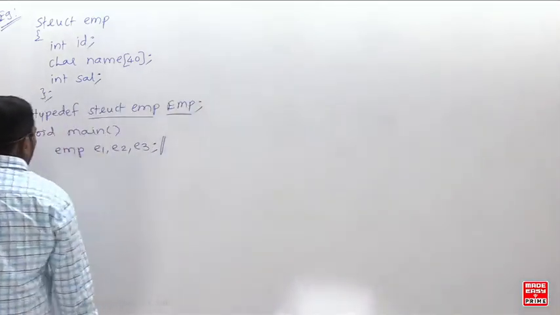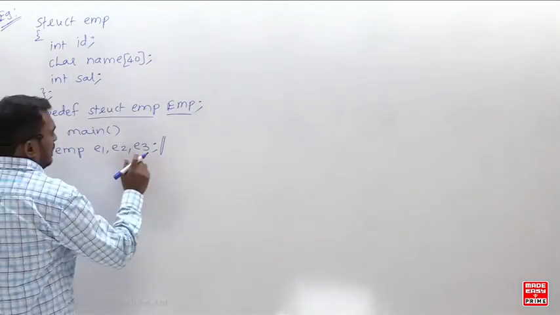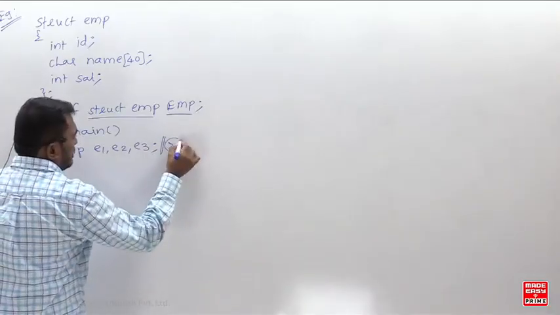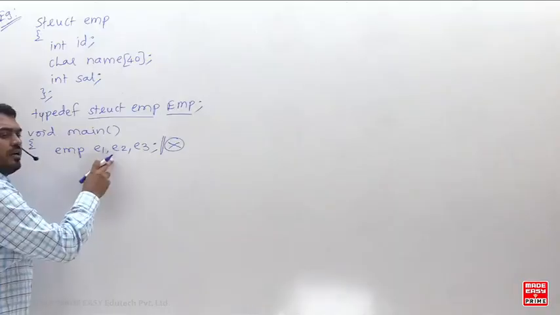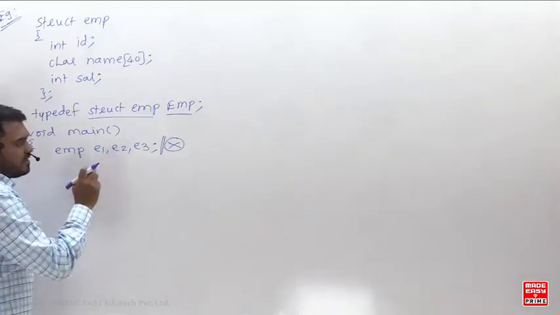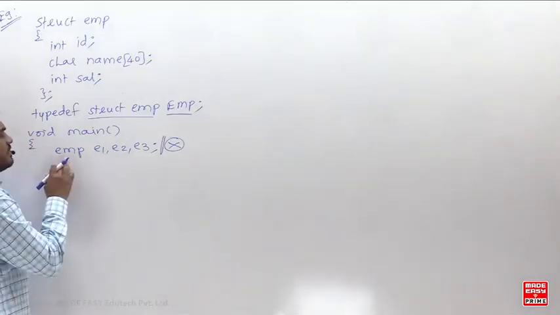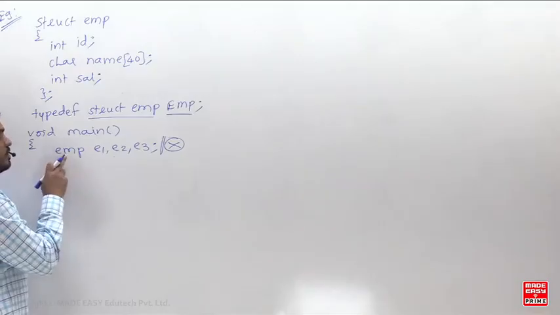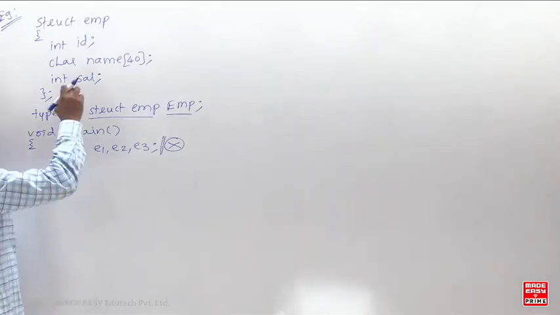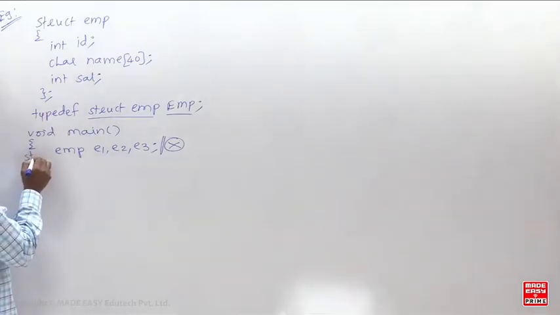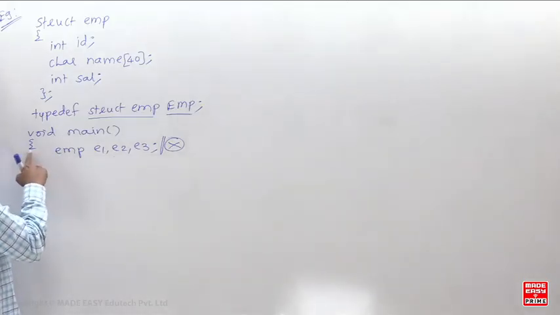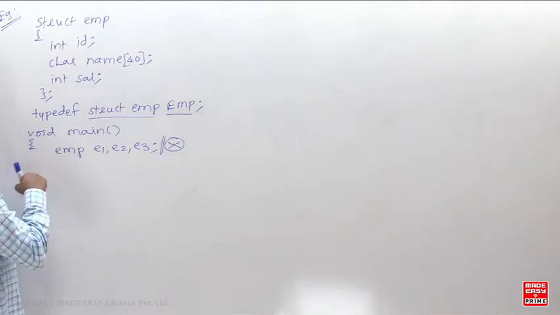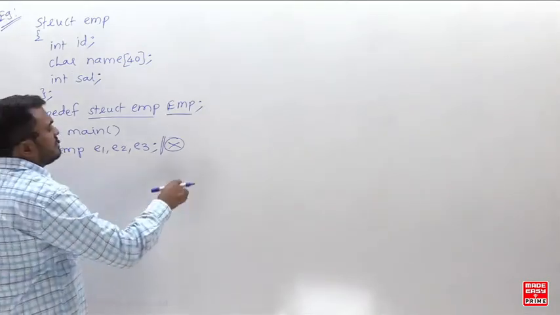So allowed or not allowed? Remember, that is not allowed, because if you want to create a structure variable with small emp, you cannot, because what is missing here? The struct keyword is missing. If you want to create with small emp, you have to write struct as well. So this is not allowed.